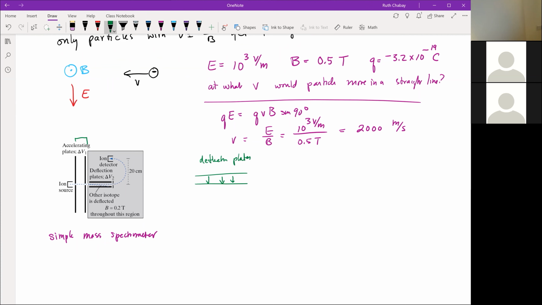If the particle has been accelerated to the correct speed, it'll travel straight through this region, and then it'll curve around and hit the detector because the magnetic field is making it curve. But if it doesn't have the right speed, it'll crash into one of the plates and it won't get through.